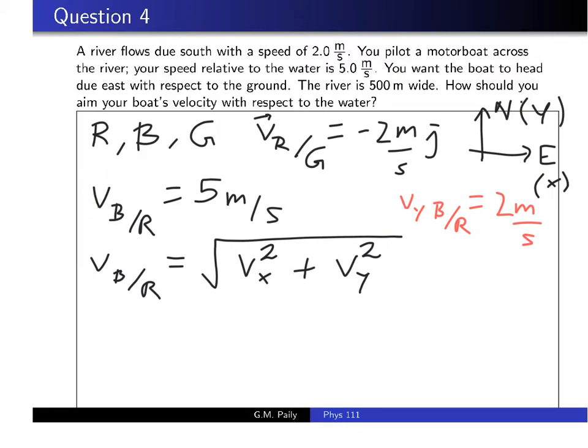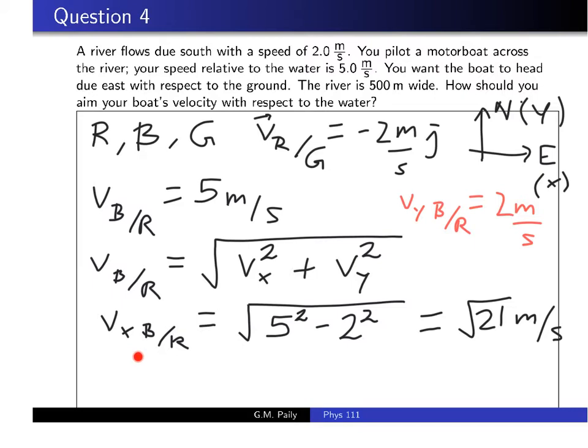And we know the relationship between the overall magnitude and the components. Putting all this together, we see that Vx of B with respect to R is the square root of 5 squared minus 2 squared, which is square root of 21 meters per second. Since we want the boat to head east, we are taking the positive square root.